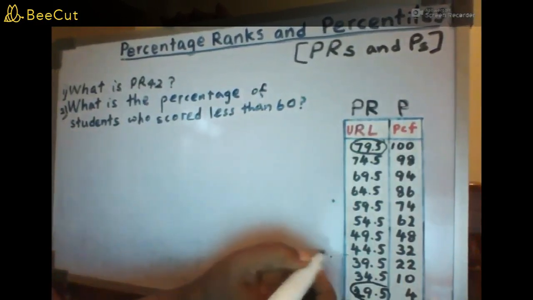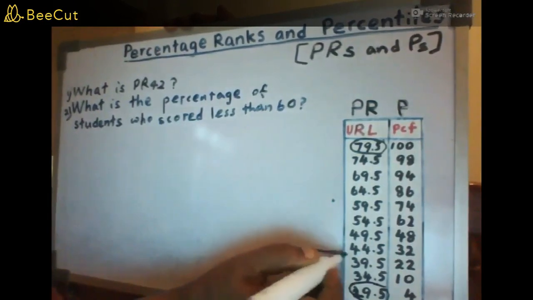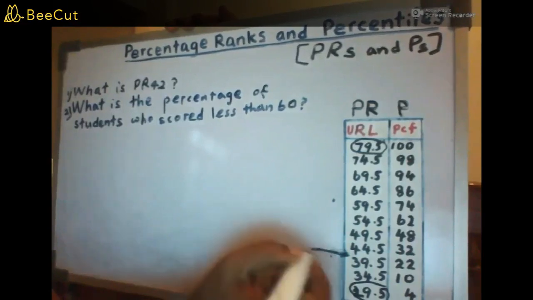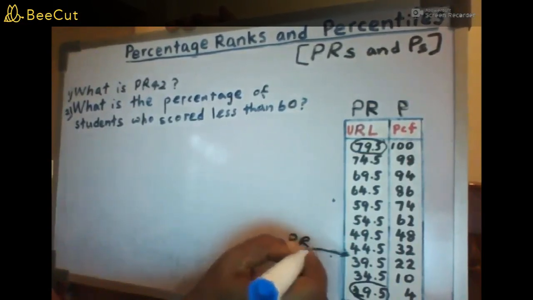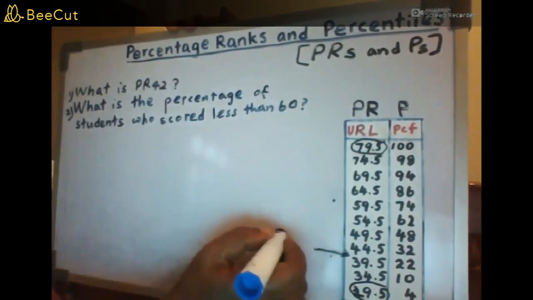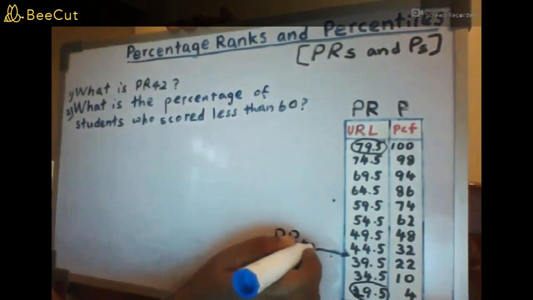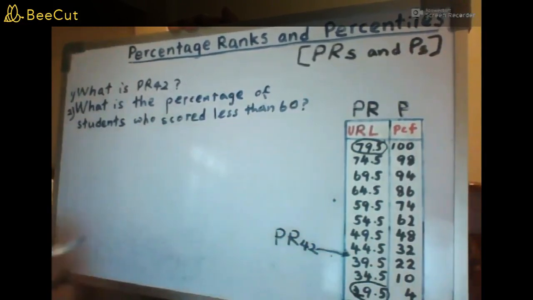42 is here, in between these two. Draw a line like this. We need PR 42.